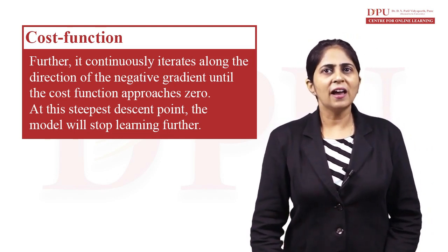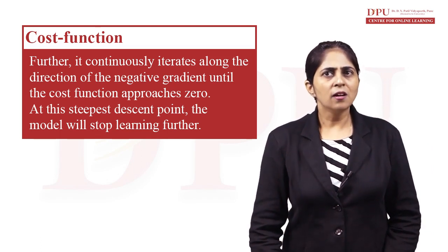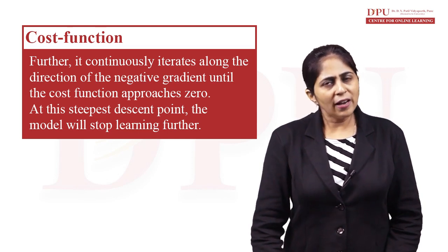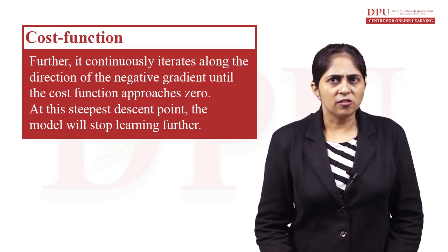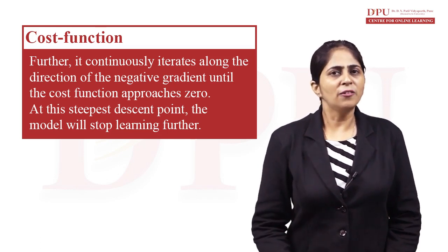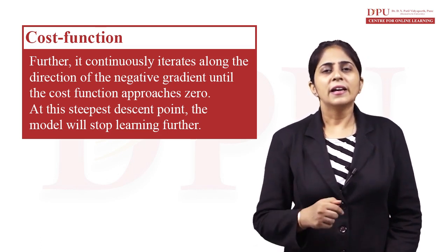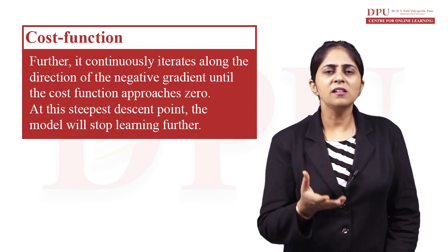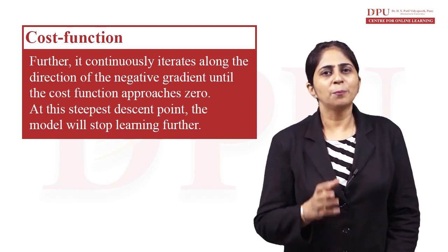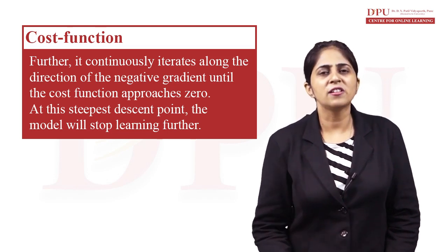It is defined as a measurement of difference between the actual value and the expected value at any particular current position, in the form of a real number. Why are we minimizing this cost function? To increase and improve the machine learning efficiency.